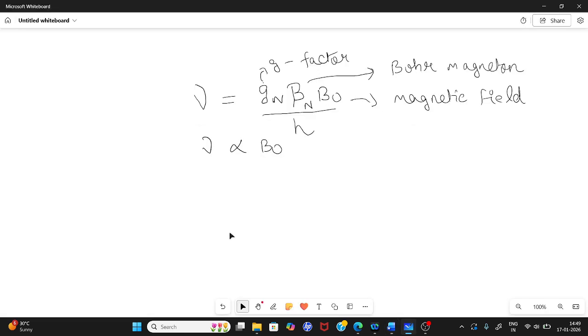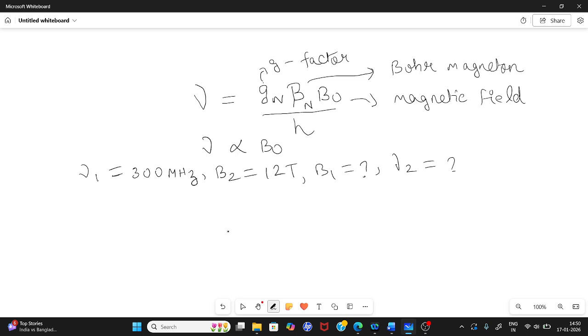So if you write down the parameters, let's say nu1 is equal to 300 megahertz. Then you have the value of the second magnetic field, that is 12 Tesla. But you do not have the value of the first magnetic field, that is B1. And you have been asked about nu2 as the second frequency for 12 Tesla.